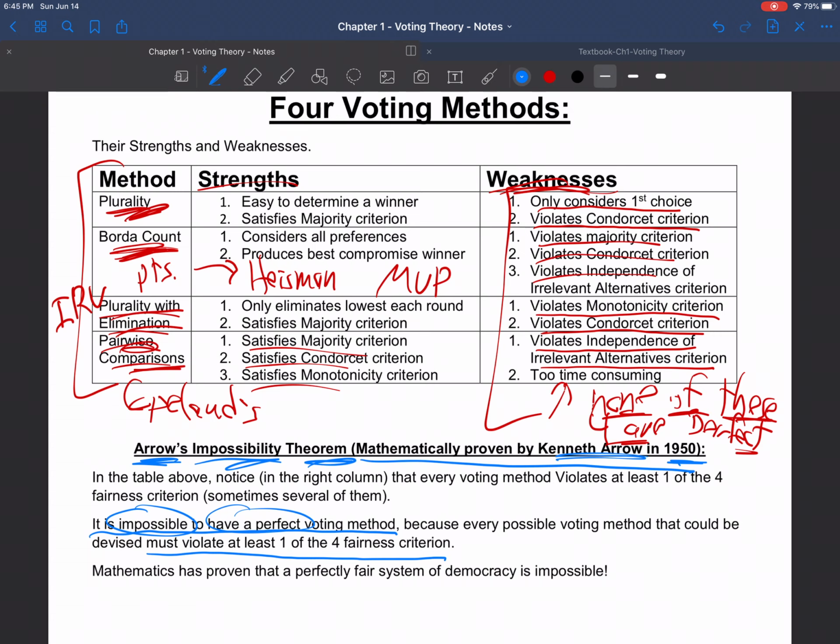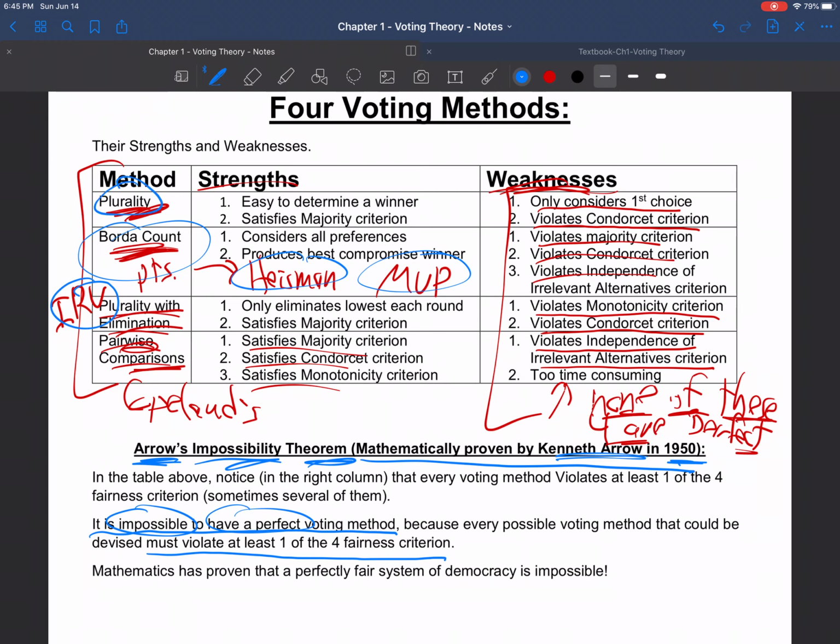So now we know the story. There is never going to be a perfect voting system. Therefore, we have different voting systems used in different places in society. Heisman and MVP have decided they like Borda count best. Although it has problems, it does the best for them. The Olympic committees have decided they like instant runoff voting. It works best for them.